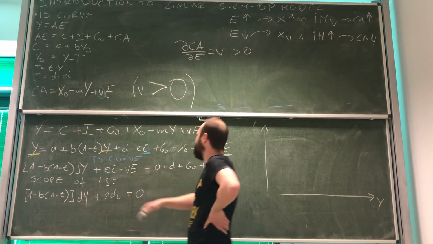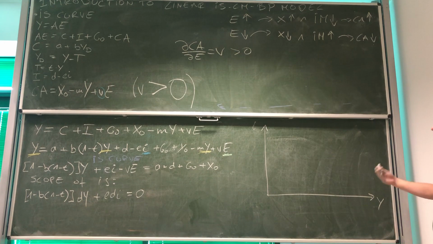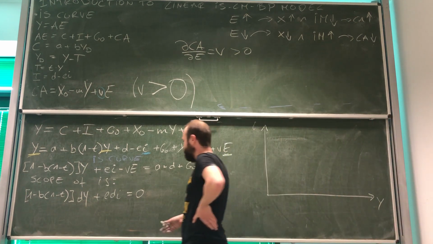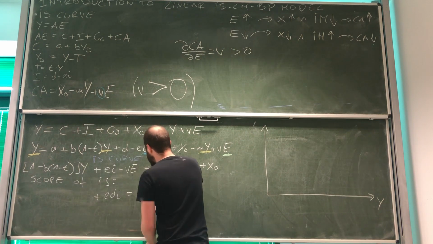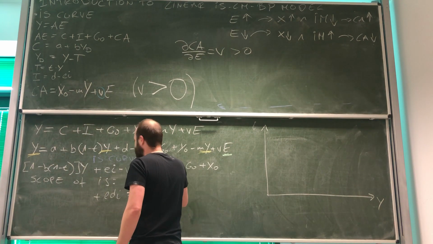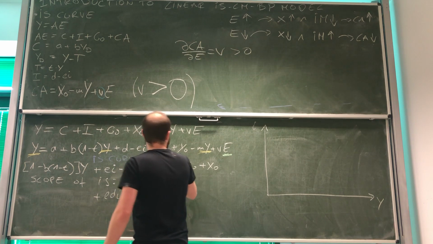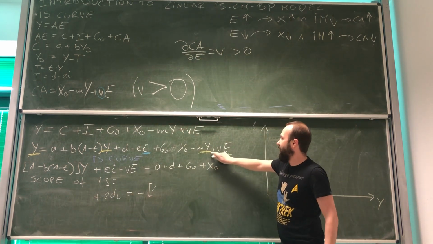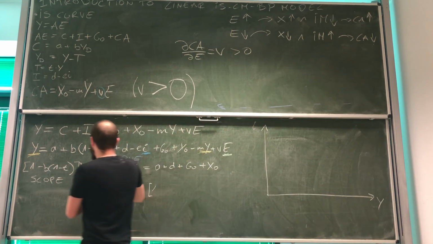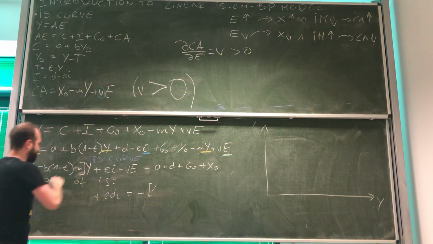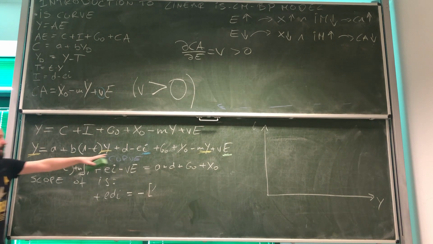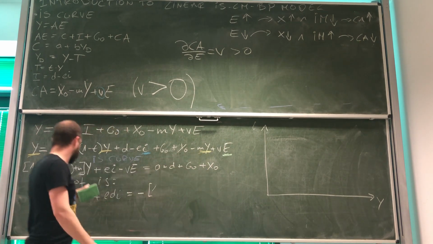Okay, now we need to solve this to get the derivative di dy. So first I'm going to move this to the other hand side of the equation. So I'm going to have negative, I'm sorry, I missed this one, but it's now already here.